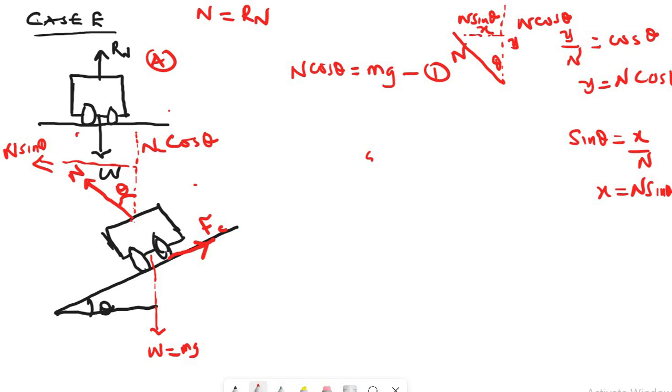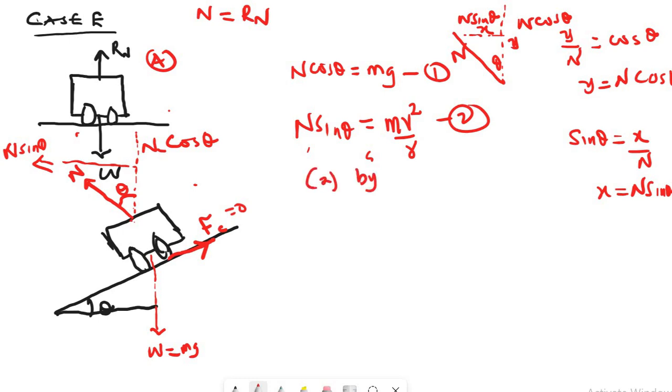The next term, N sin theta, is the one that provides centripetal force, based on the assumption that friction is not necessary. Friction is zero in this case. So this is equation 2. We can divide equation 2 by equation 1.